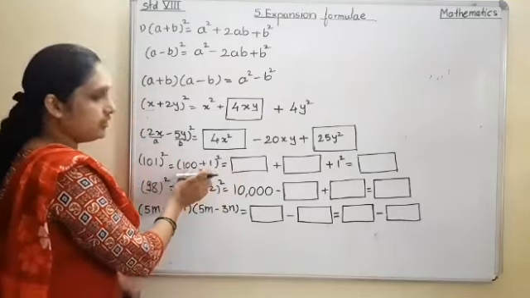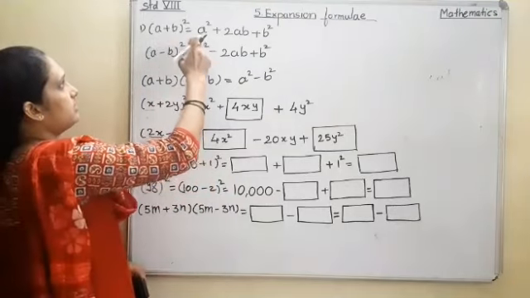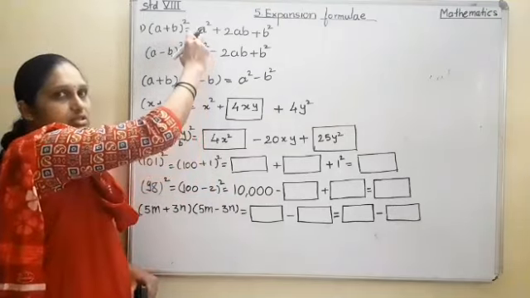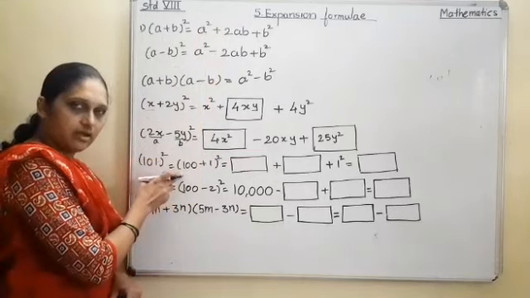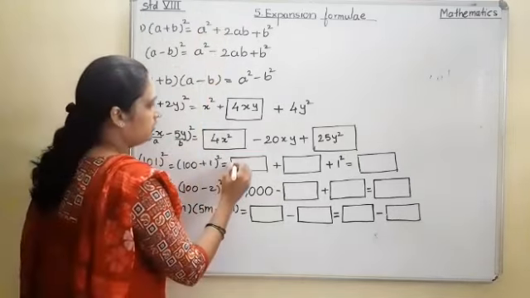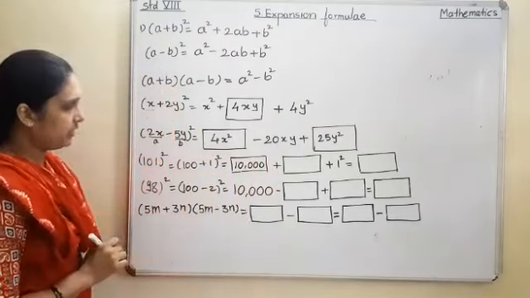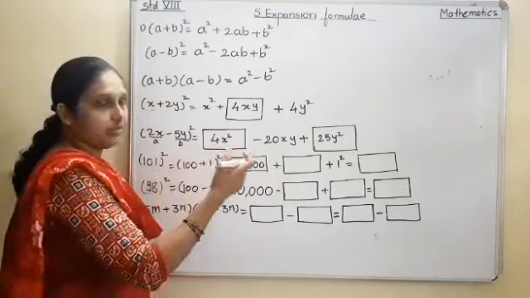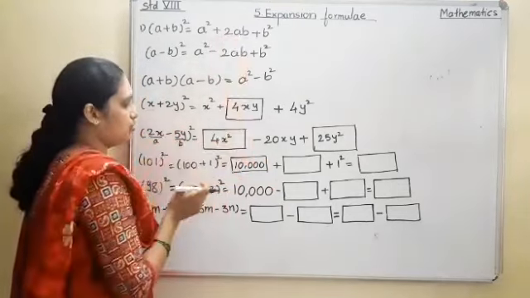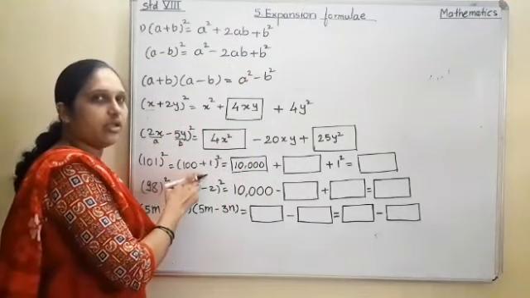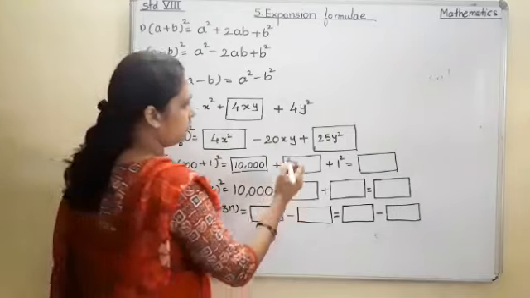Now which identity we have to apply here? The first identity. So first identity tells that we have to do first number square. So here the first number is 100. Its square is 10,000. So we'll write it here, 10,000, plus 2ab. So 2 into 100 into 1. 2 into 100 is 200, into 1 is 200.